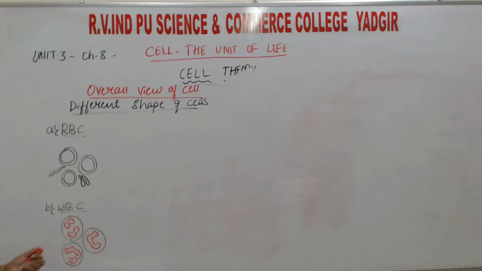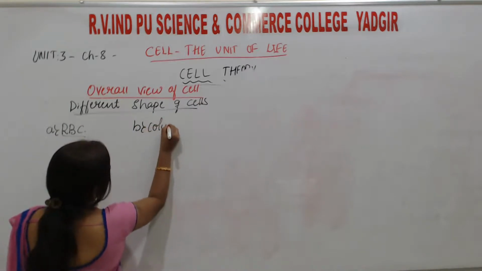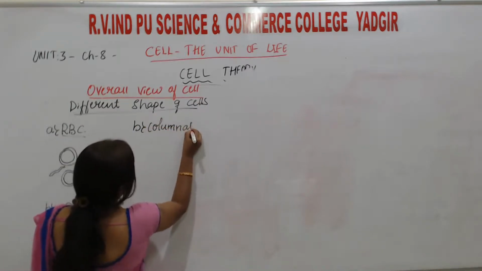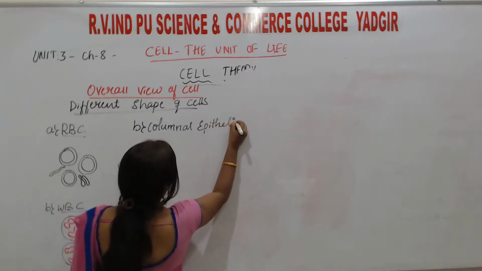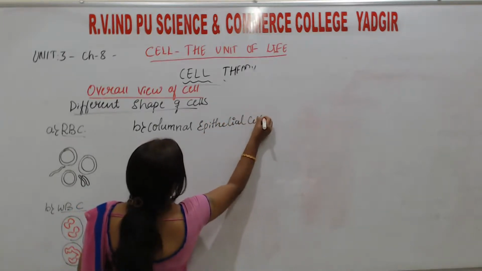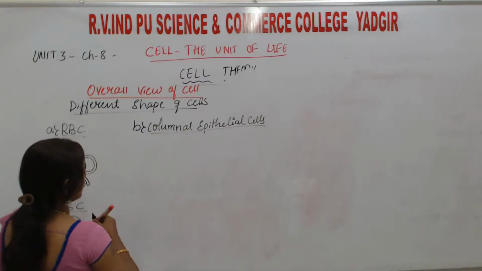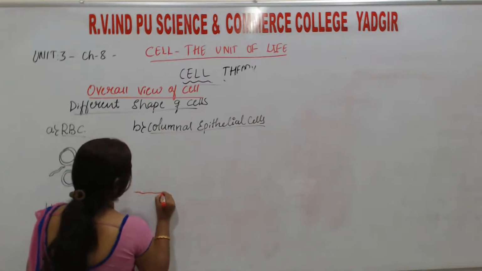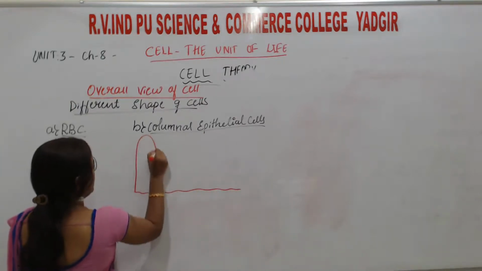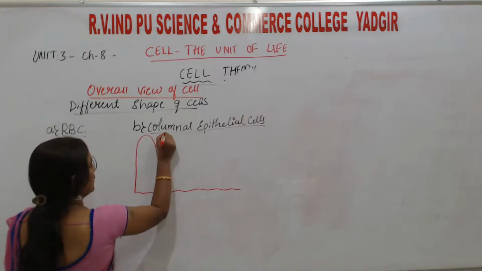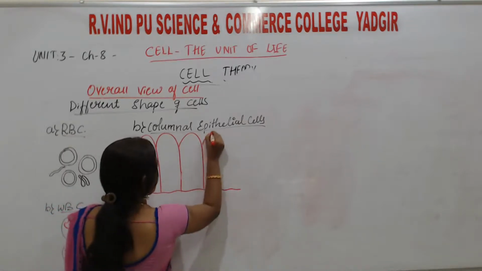Next, columnar epithelial. Like pillars, a column like structure.